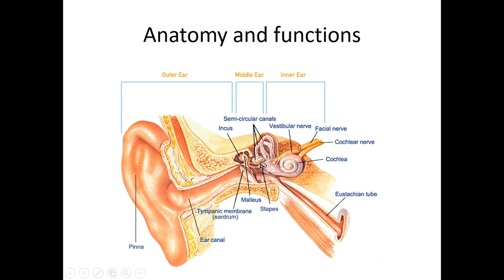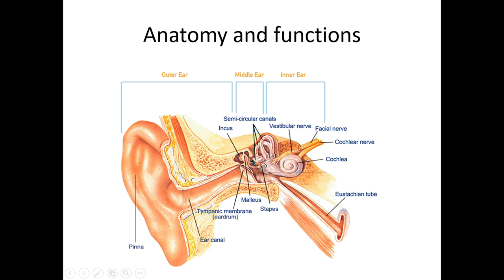In the middle ear, we have ossicles or auditory ossicles, and from lateral to medial, or from the left hand side to the right hand side, we have your malleus, incus, and stapes. These ossicles vibrate to amplify the sound waves.